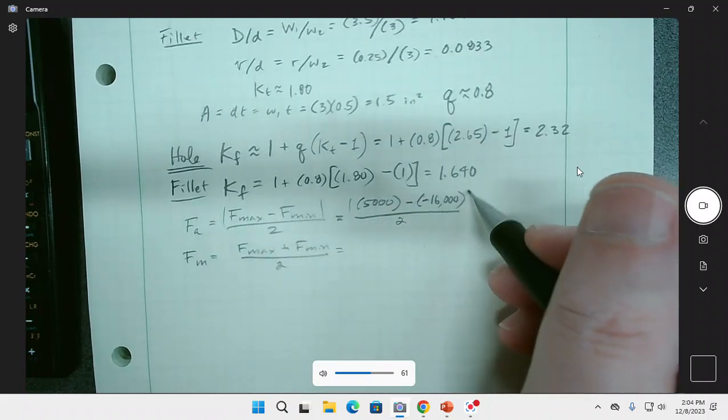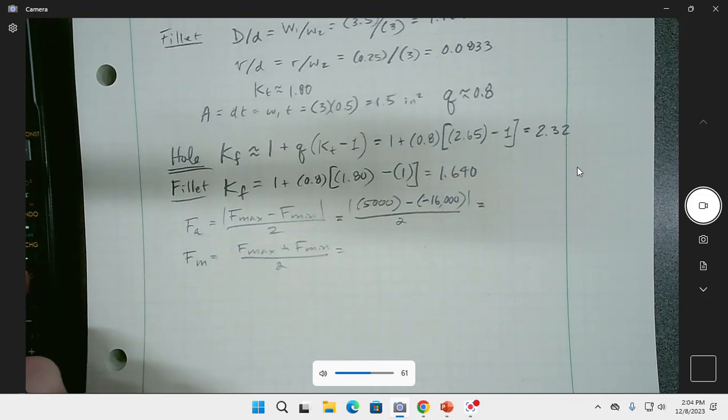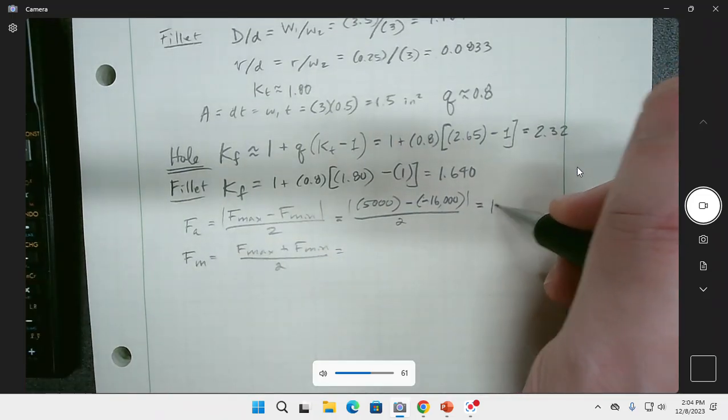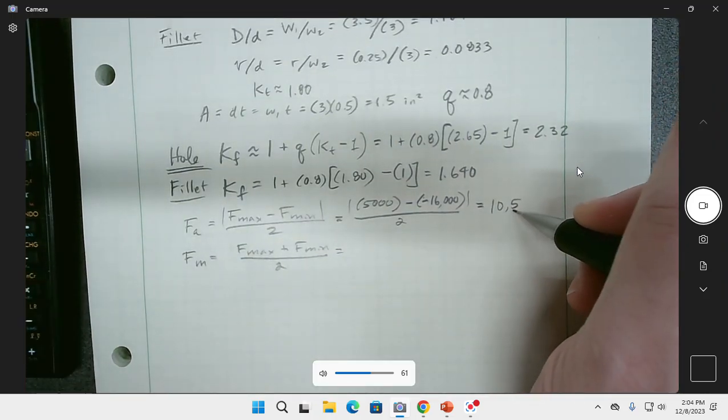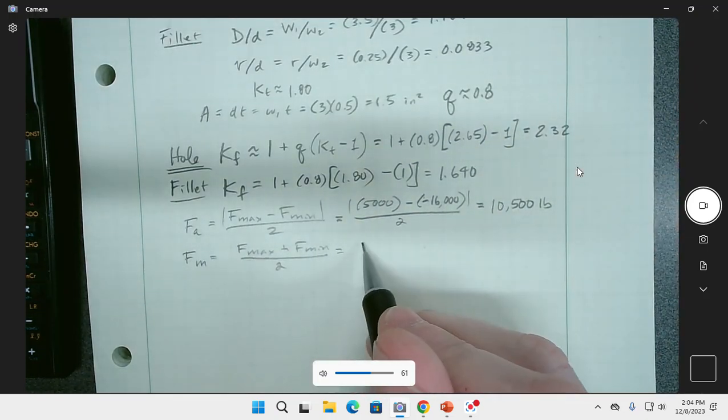But this one didn't matter here anyway, so we ended up with 21, so it's 10,500 pounds. I don't like kips.